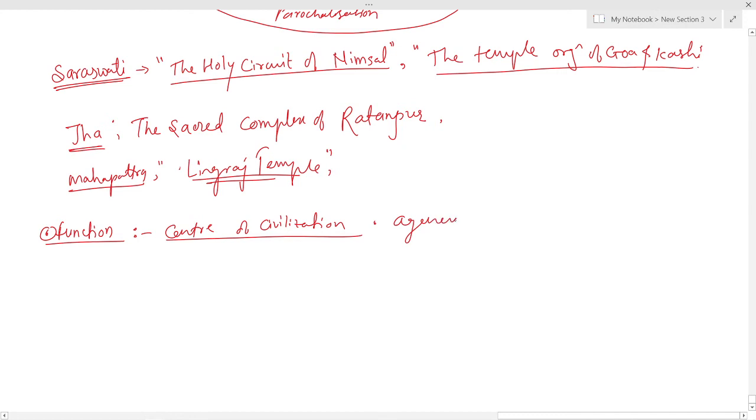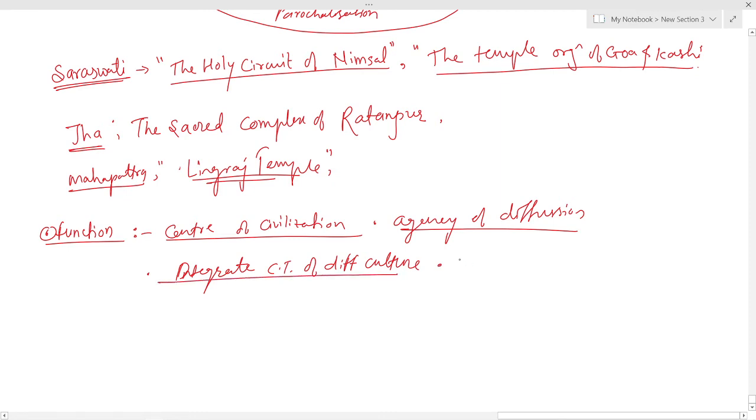Third, they serve to integrate the diverse cultures. They integrate various cultural traits of different cultures, and they try to harmonize, or maintain the cultural continuity.